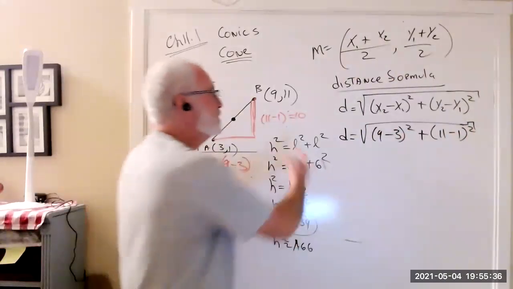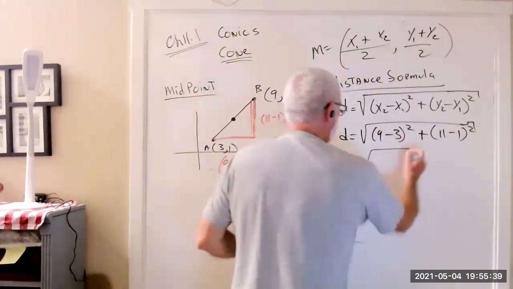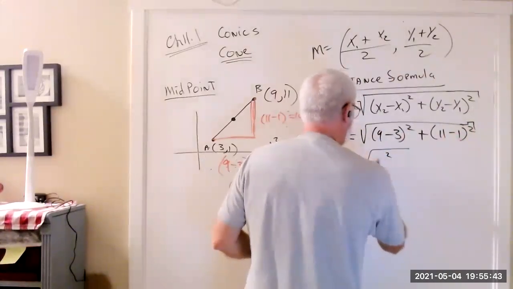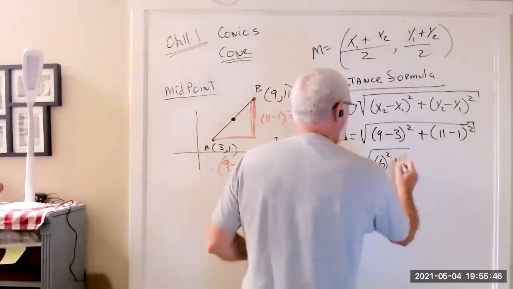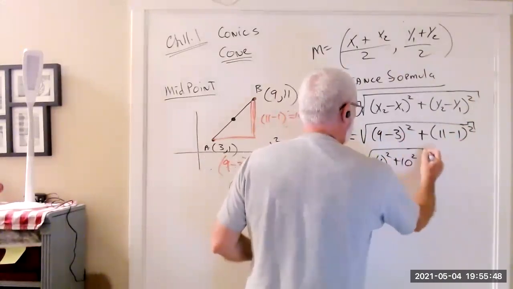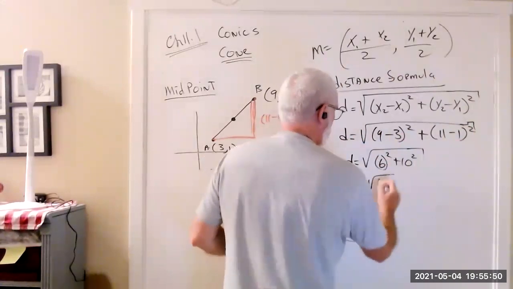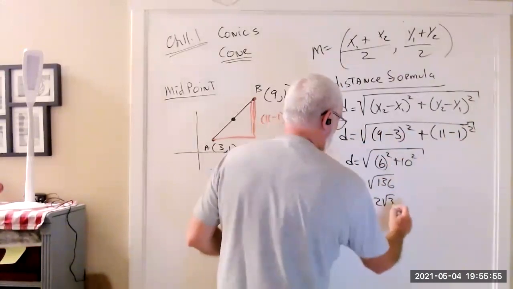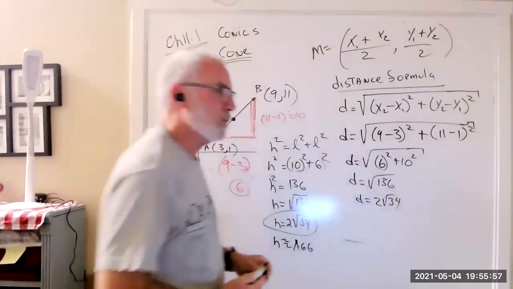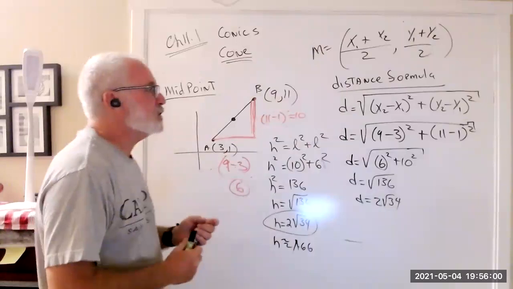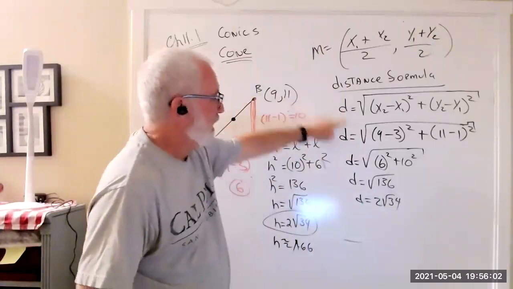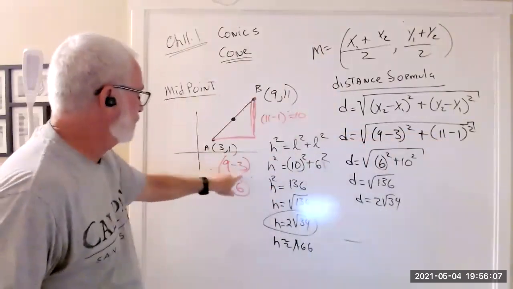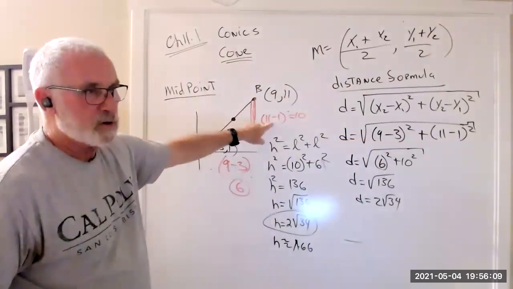So this distance formula, d equals the square root of 6 squared plus 10 squared. D is the square root of 136, which you guys told me was 2 radical 34. So notice the distance formula, when we put numbers in, had the same calculations that we used when we were doing Pythagoras.